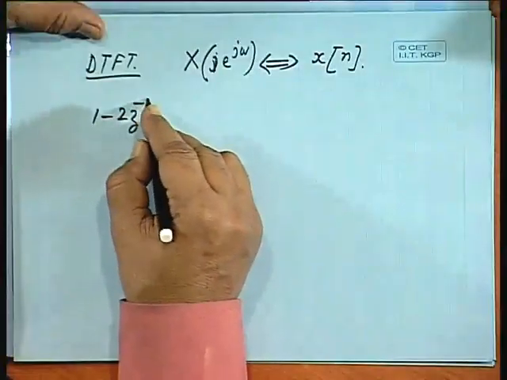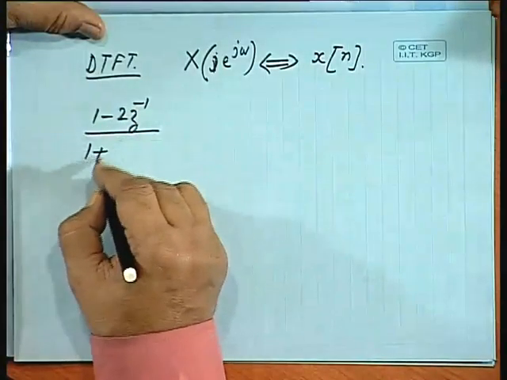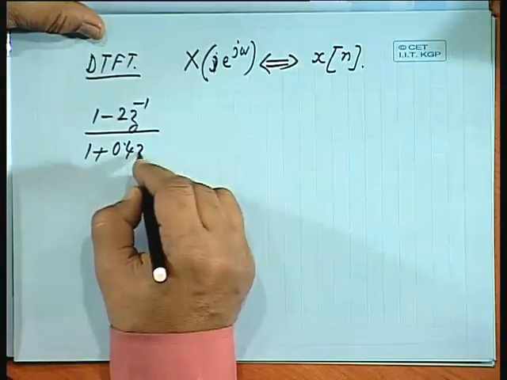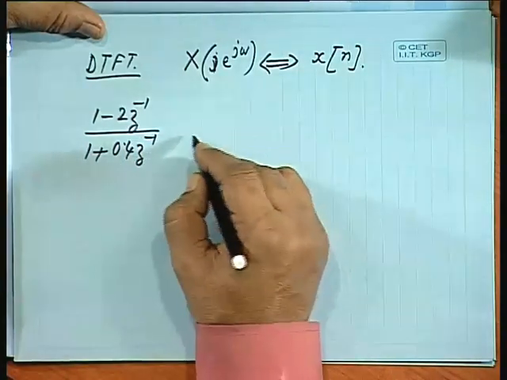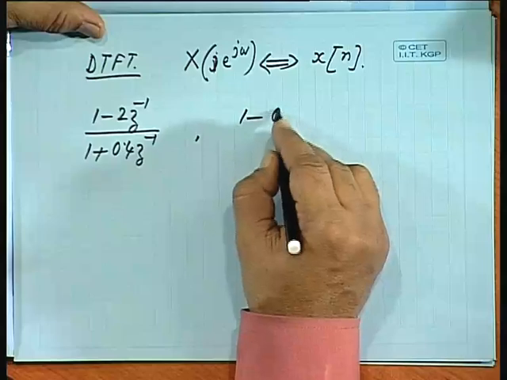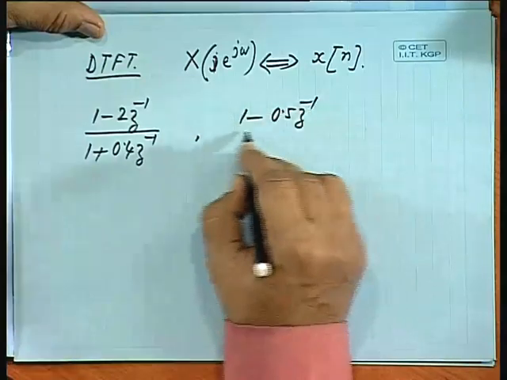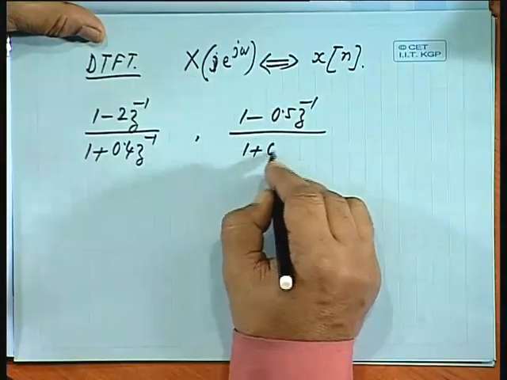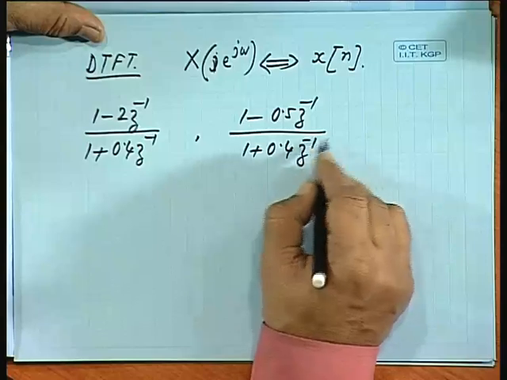Now, let us see in the discrete domain an identical nature of ambiguity. If I have a function (1 minus 2 z inverse) by (1 plus 0.4 z inverse) and another function (1 minus 0.5 z inverse) by (1 plus 0.4 z inverse).